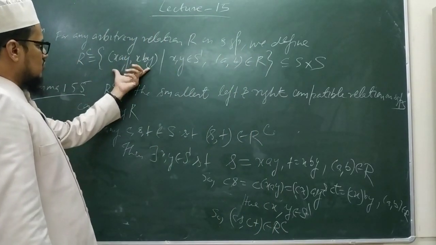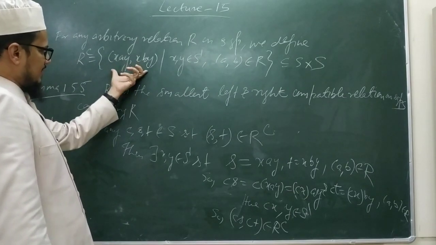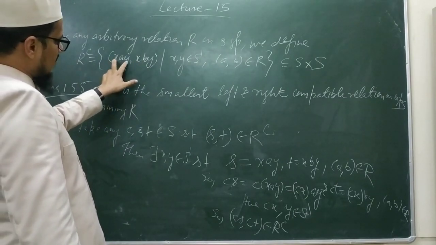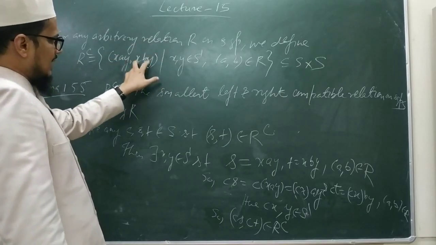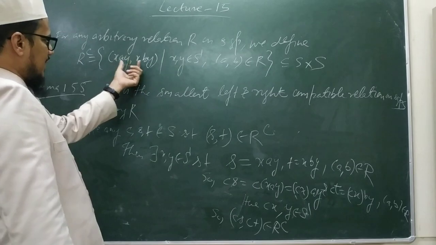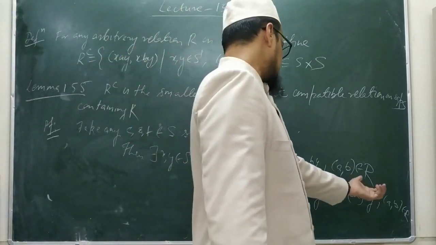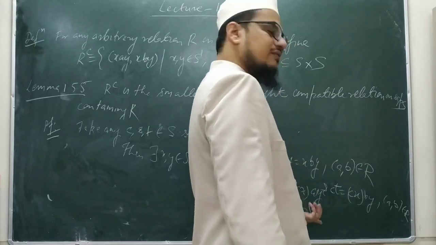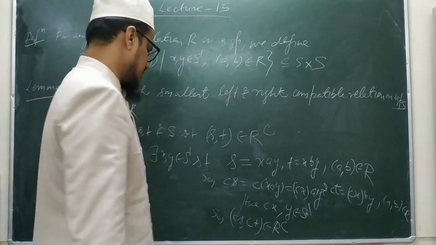R^C contains elements of the form (xay, xby), such that the end elements should belong to S^1 for the first slot and for the second slot, and the pair (a, b) should be in R. Here the situation is the same: (a, b) is in R, and the end elements cx and y are both in S^1. So we can say that (cs, ct) belongs to R^C.